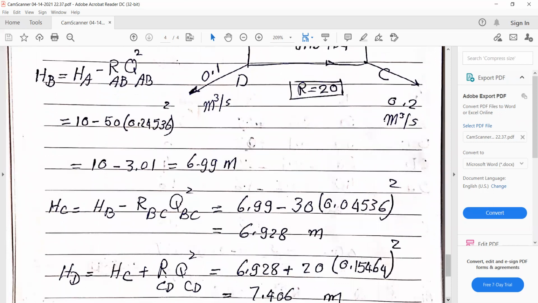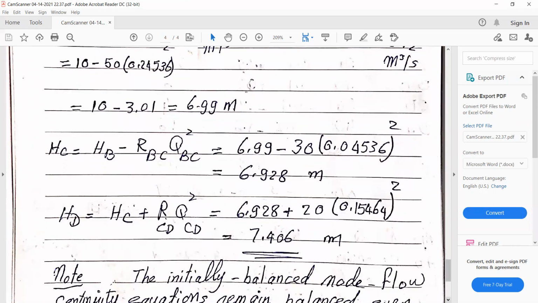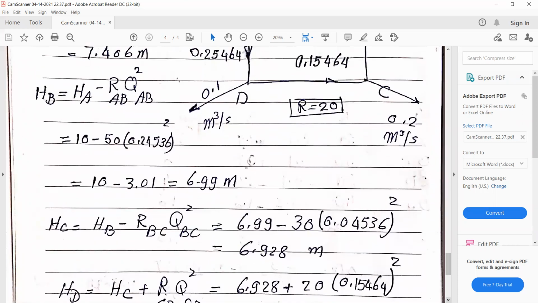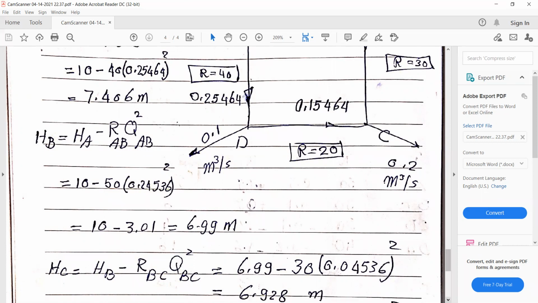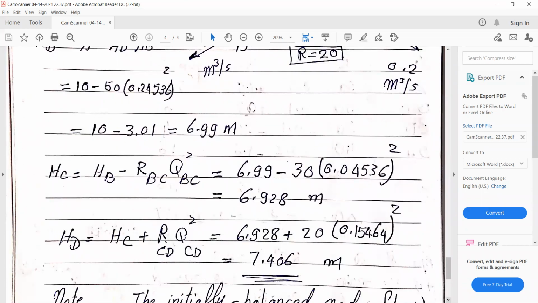Okay, now how about HD? Note that the flow is coming from D to C. So the head at D, or the pressure at D, should be higher than the pressure at C. Since we have the head at C, we say HD equals HC plus R_CD multiplied by Q squared, and you get the head at D equals 7.406.